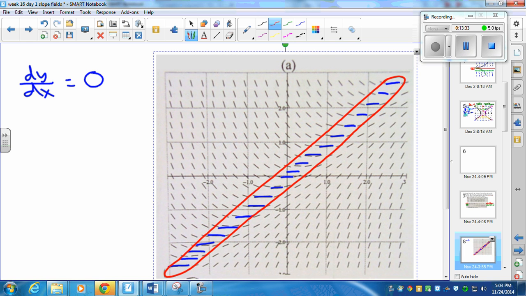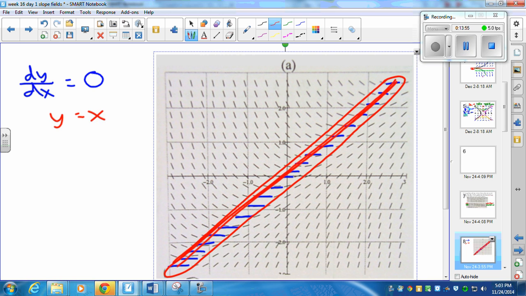That seems to be linear, and it seems like all of those flat ticks occur on this line, y equals x. So this seems to occur when y equals x. Anywhere where y equals x, it seems like it lands on a flat blue tick mark.